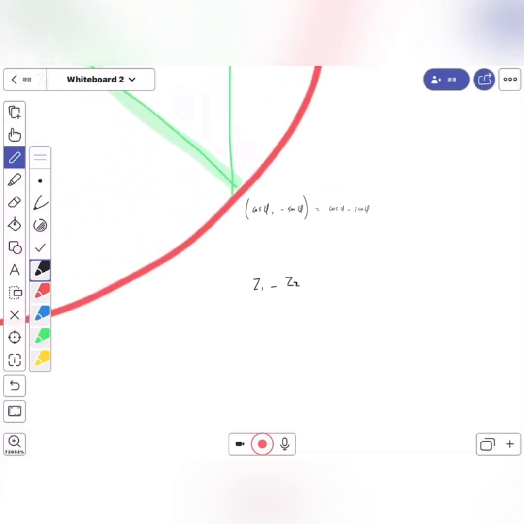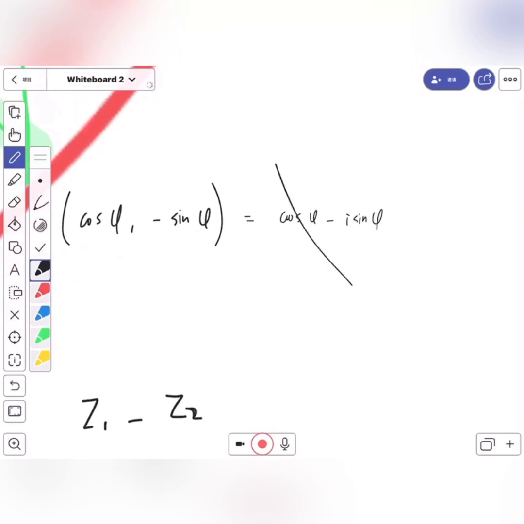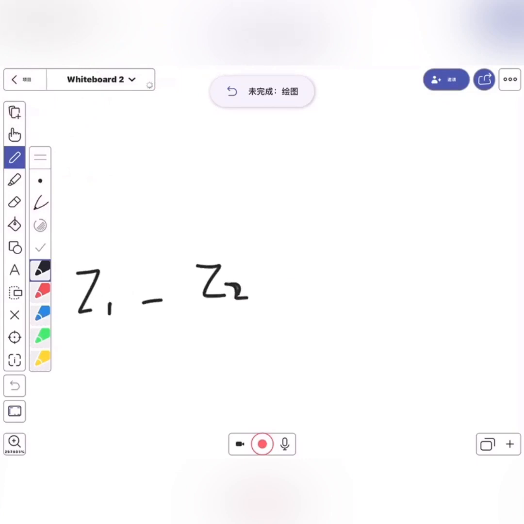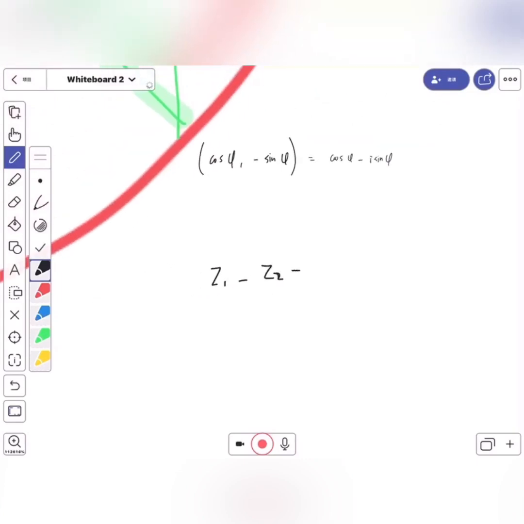If we do z1 minus z2, then cosine phi is going to cancel out. So z1 minus z2 is equal to 2i sine phi. So z1 minus z2 over 2i is equal to sine of phi.